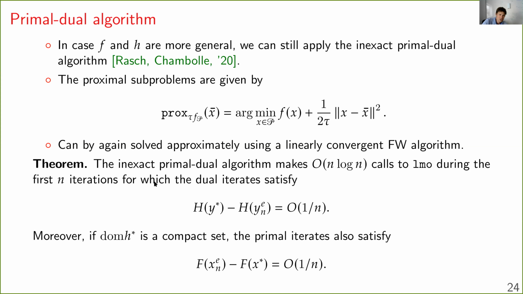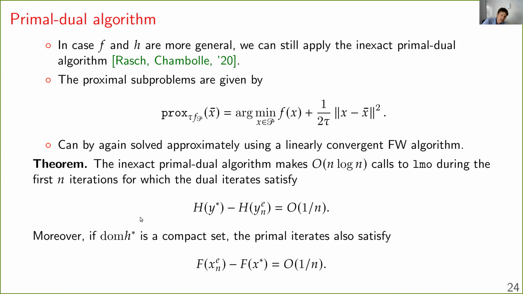For this algorithm, we have also shown that the inexact primal-dual algorithm makes order n log n calls to the linear minimization oracle during the first n iterations, and the dual iterates then enjoy a 1/n convergence rate.